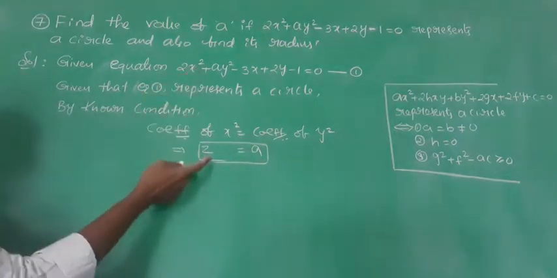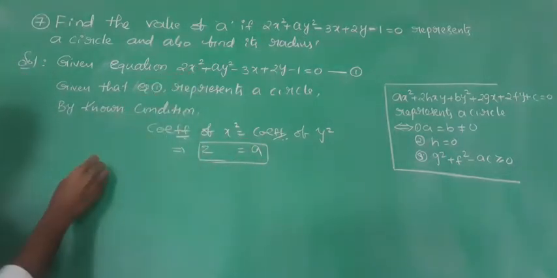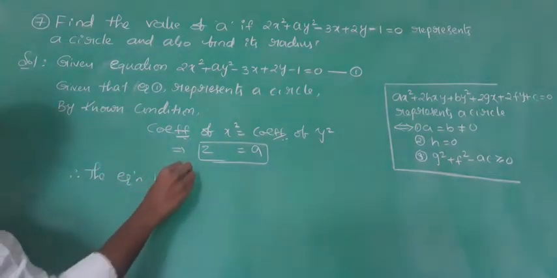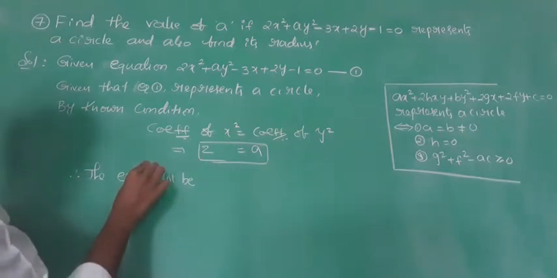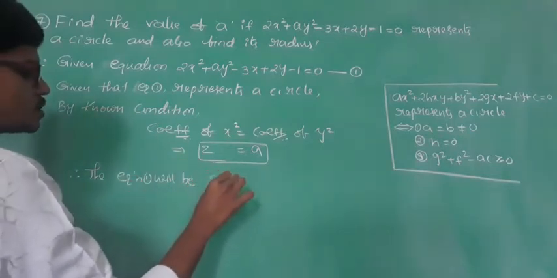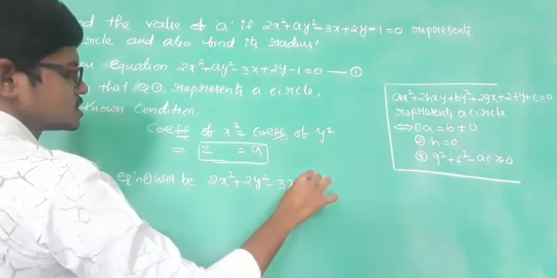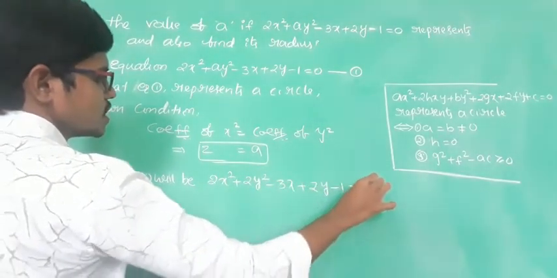Now substitute a is equal to 2 in equation 1, we get 2x square plus 2y square minus 3x plus 2y minus 1 equal to 0.